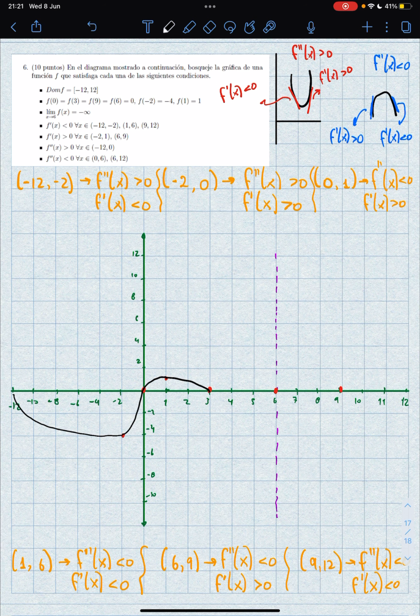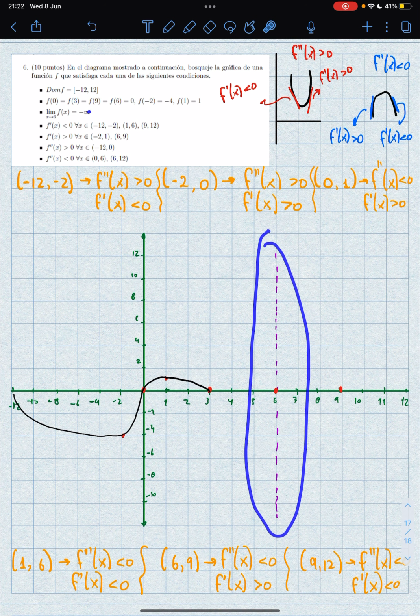Now, what can we do? Look at this. They don't tell me anything. At the end, I still need from 1 to 6 the second derivative to be a maximum, right? I'm still over here, just in 3, and the first derivative is less than 0. So I'm in this section. Okay, so I need to again. But look at this. I have a vertical asymptote here that goes to -infinity.